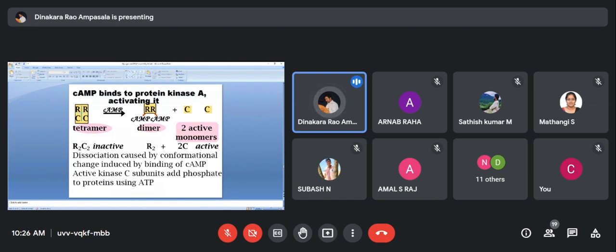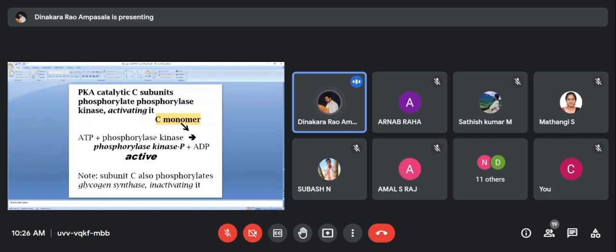Activated C monomers interact with phosphorylases and phosphorylate proteins. By that way, those proteins get activated and do their activity.